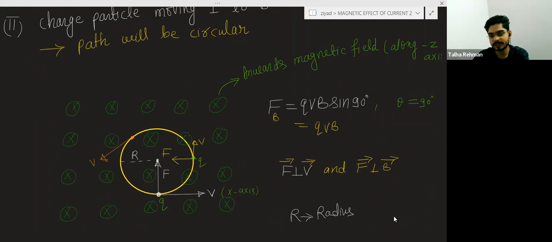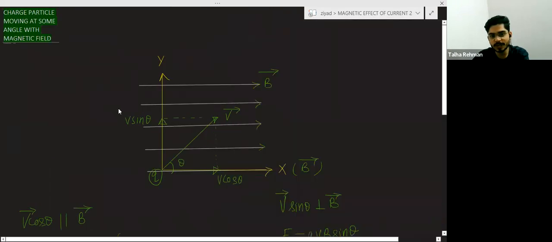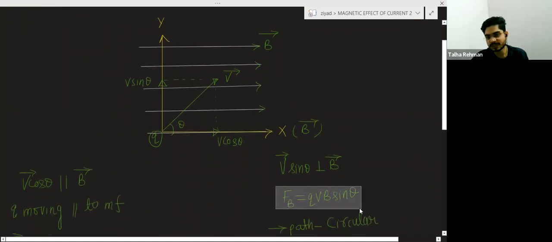Due to v sin theta, which is perpendicular to the magnetic field, the force on the charged particle will be there this time, given by qvB sin theta, and the path will be circular, as we have discussed.